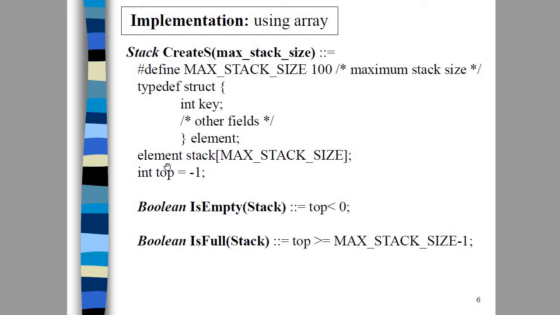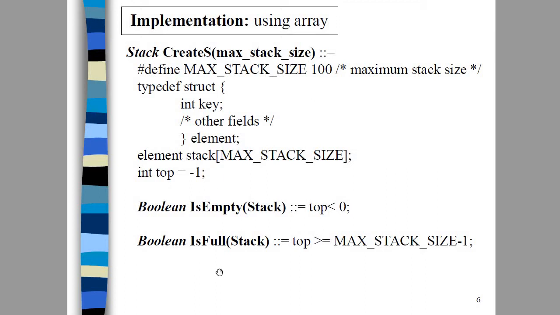Then we have to mention the maximum size, how many elements we want to store, and we need another top pointer. The top pointer will, at any point of time, help us keep track of the top position of the stack, that is, which element we have pushed onto the stack. Initially the top pointer will be -1.